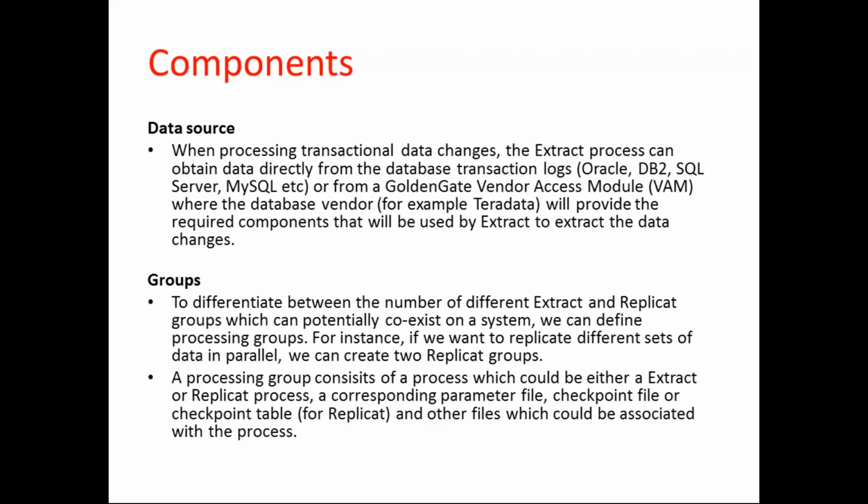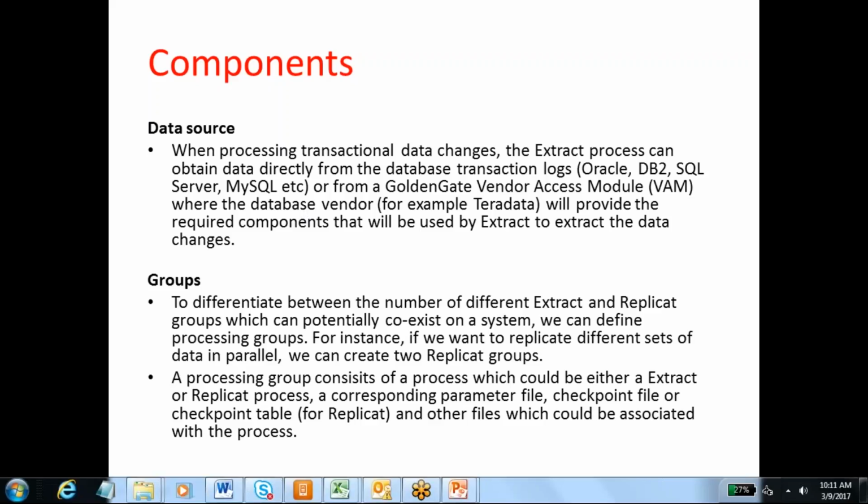Somebody will ask you, what is the extract group name in your GoldenGate? What is the pump group name? What is the replicat group name? These are known not as processes, but as groups.